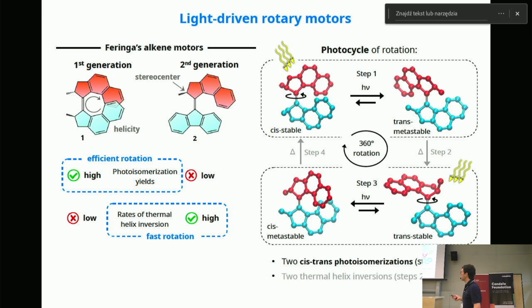The early developed motors are the so-called first-generation motors, and they are characterized by high yield of forward photoisomerization, but they suffer from low rotation rates. This motivated the development of a second class of motors called the second-generation motors, in which the rotation rates are higher, but the yields of the photochemical reactions are much lower.